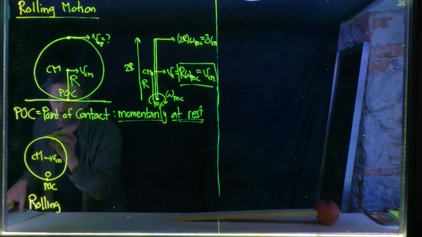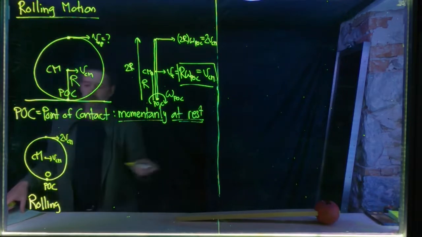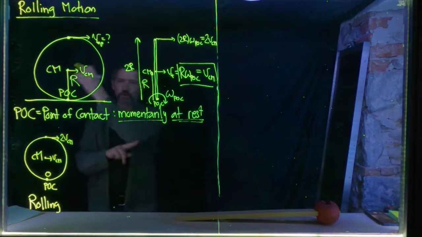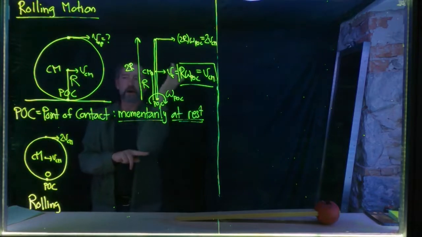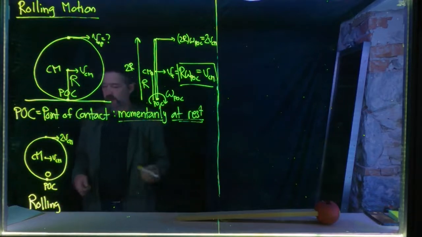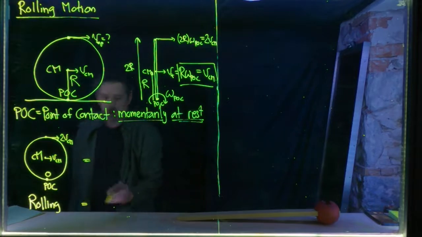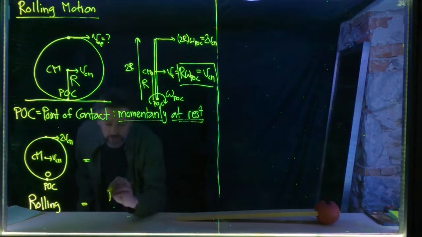And the top of the wheel, the point at the top of the wheel, is moving with exactly twice the velocity, twice VCM. Okay? So this is our picture of rolling motion, thought of as point of contact momentarily at rest.